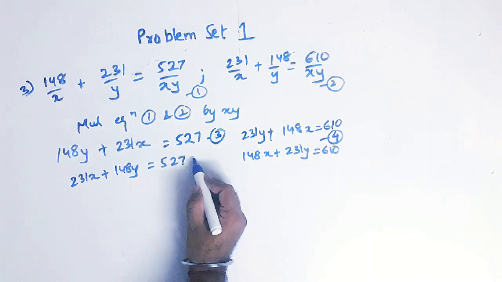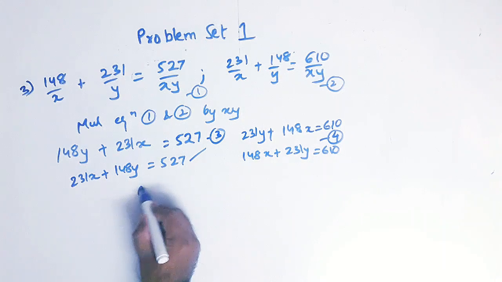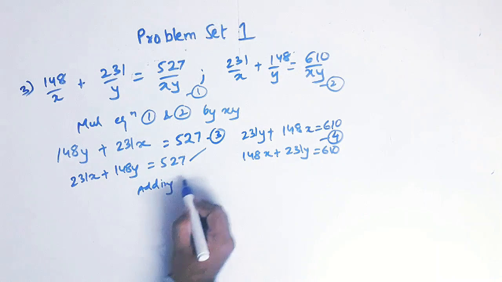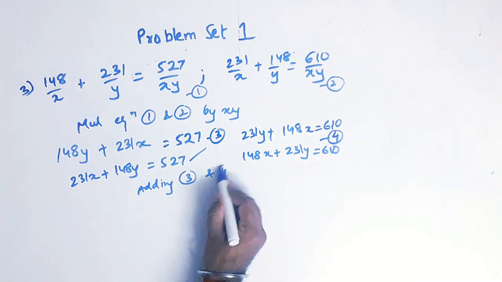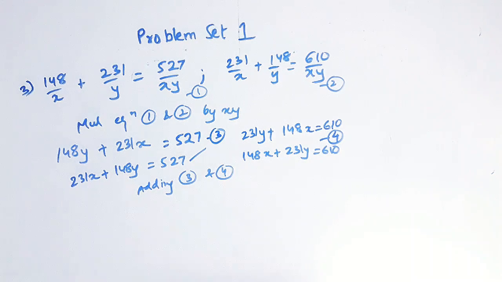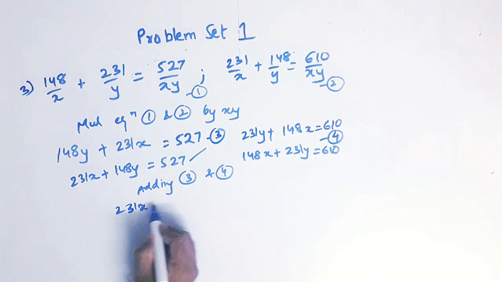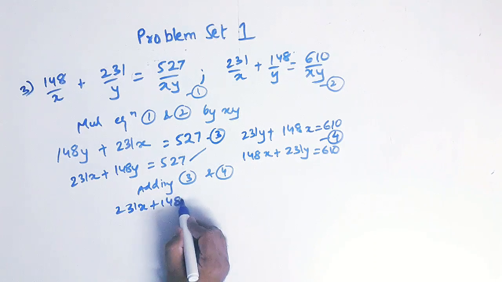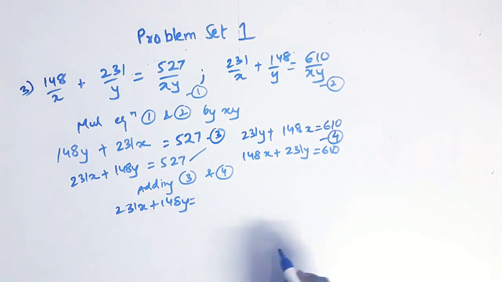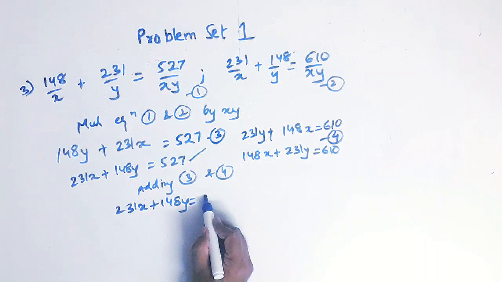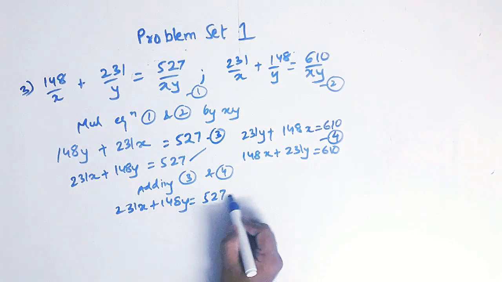Okay, so I'll write this, adding third and fourth. Adding third and fourth, you will get 231x plus 148y equals to 527. This is third one.